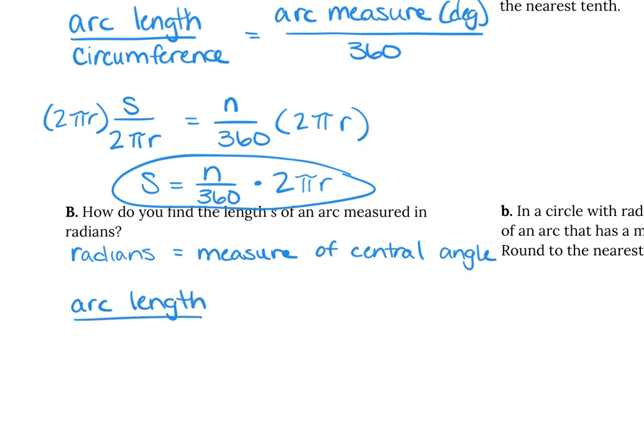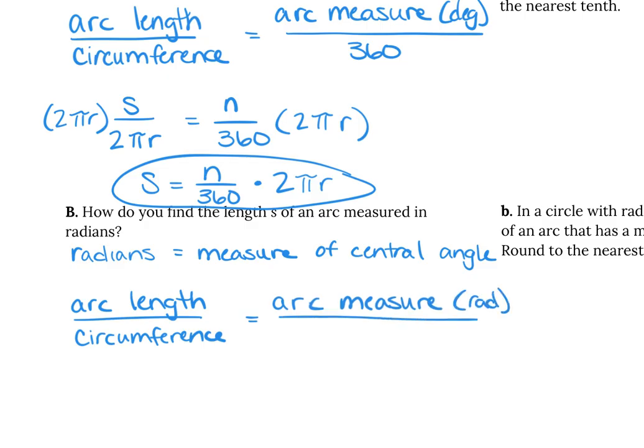We would put that over circumference. And then set that equal to the arc measure, but this time it would be radians instead of degrees. And it wouldn't be over 360 this time, it would be over 2 pi.